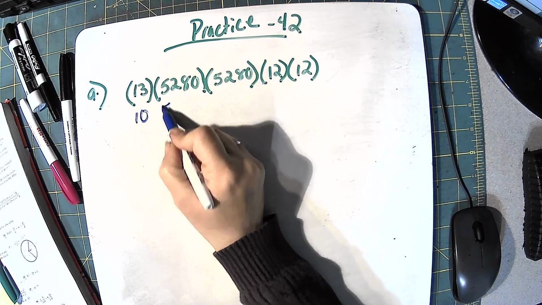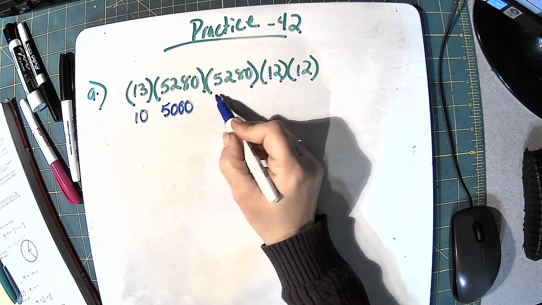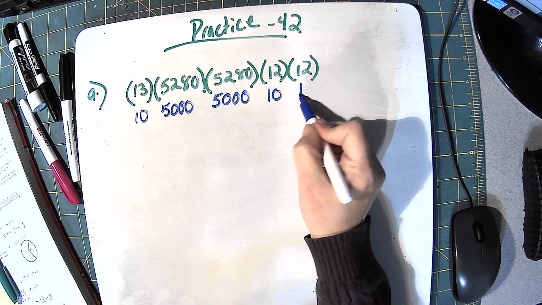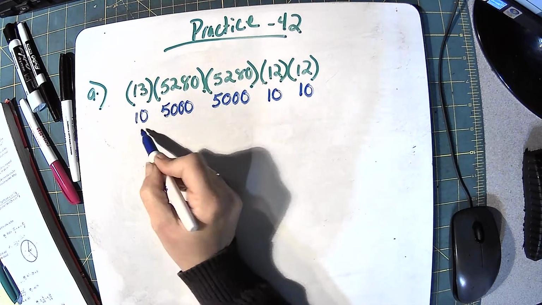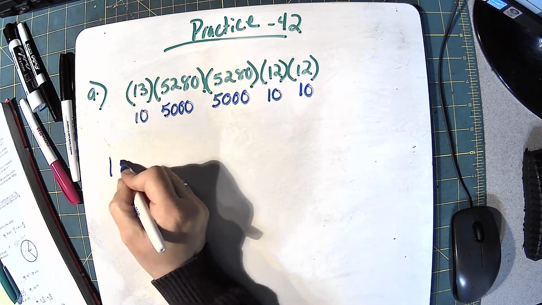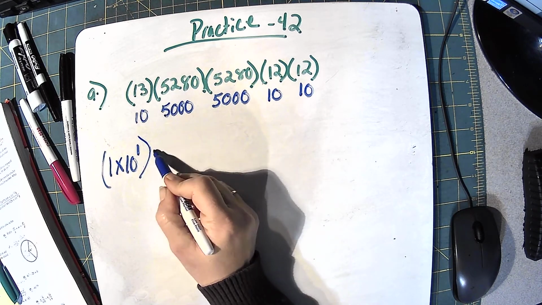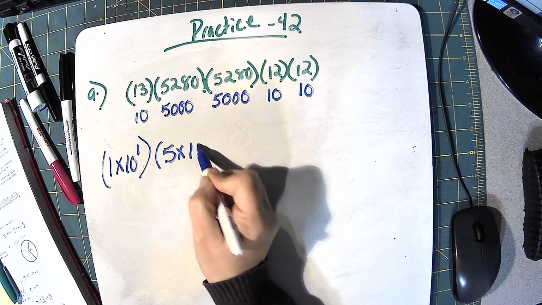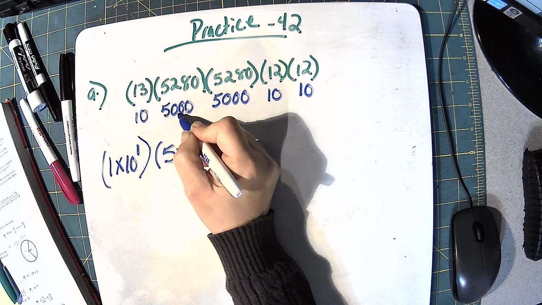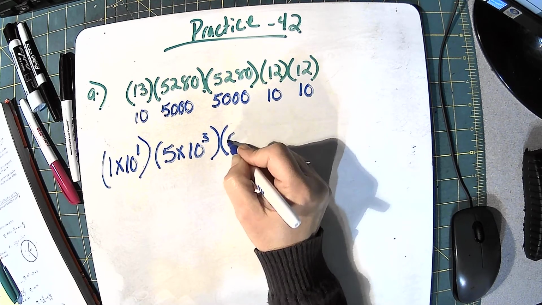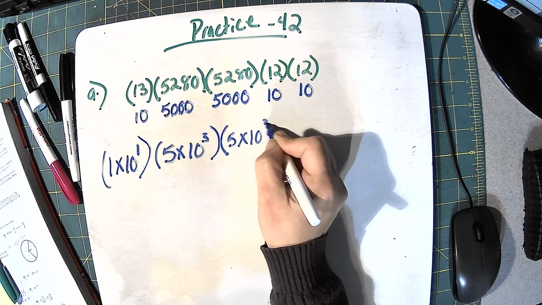This one's close to 5,000. This one's 5,000. This one's 10, and that one's 10. Okay, 10 is 1 times 10 to the 1. This one's going to be 5 times 10 to the 3. And then we need that again. 5 times 10 to the third.